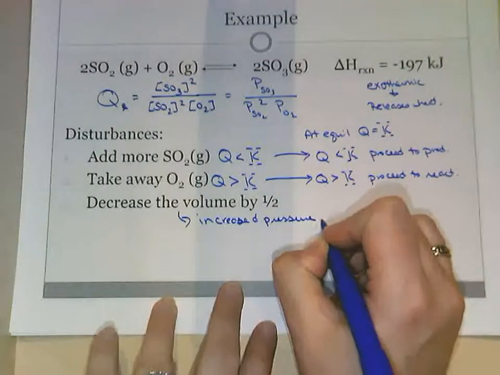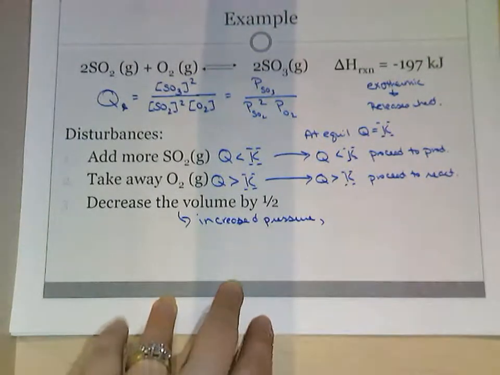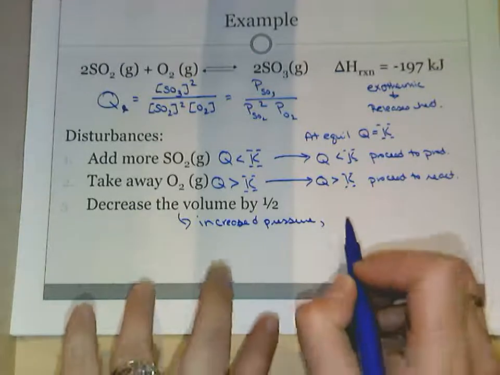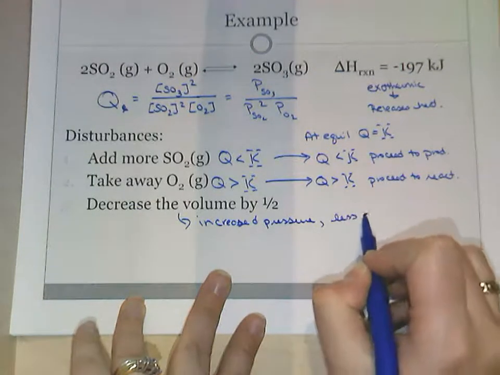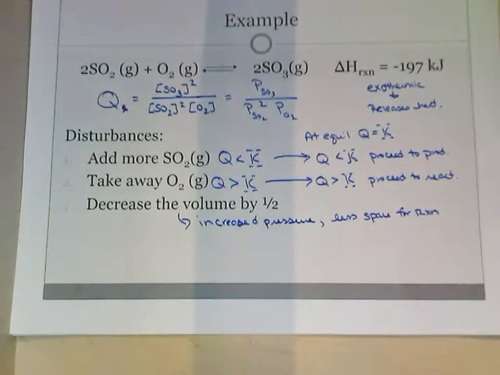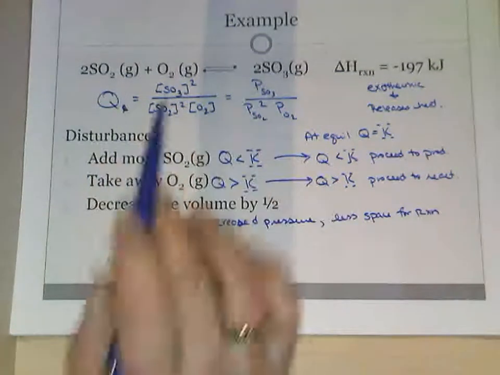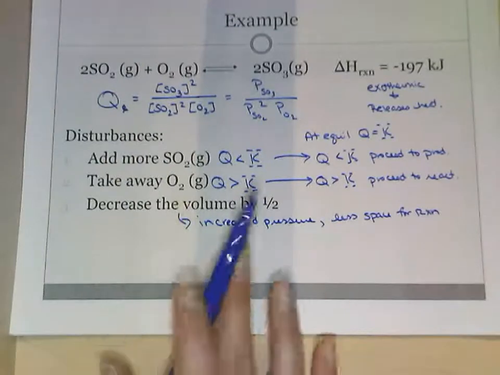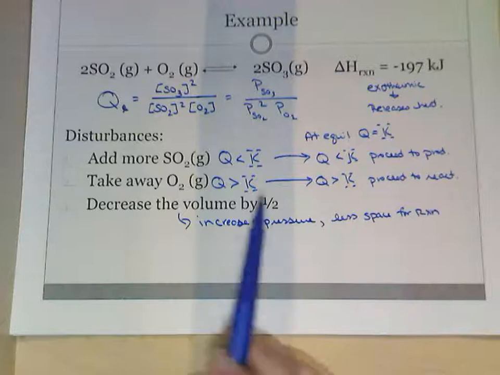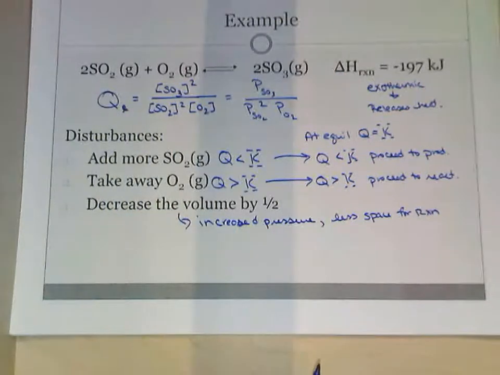If we increase the pressure, we have provided increased pressure, less space for the same reaction. And we're going to go towards the side of the reaction that has the least moles of gas, because we have less space or increased pressure, so we want to have the smallest number of moles in our reaction flask.